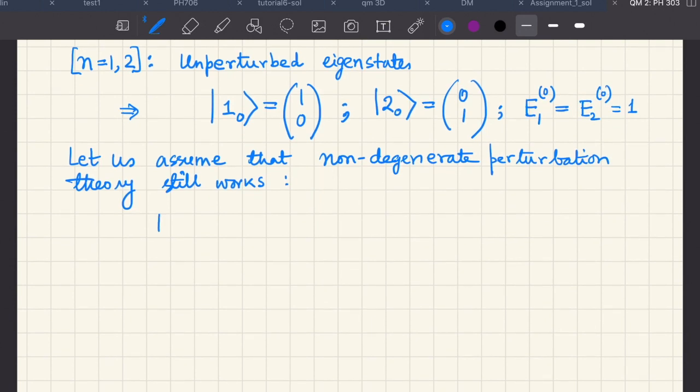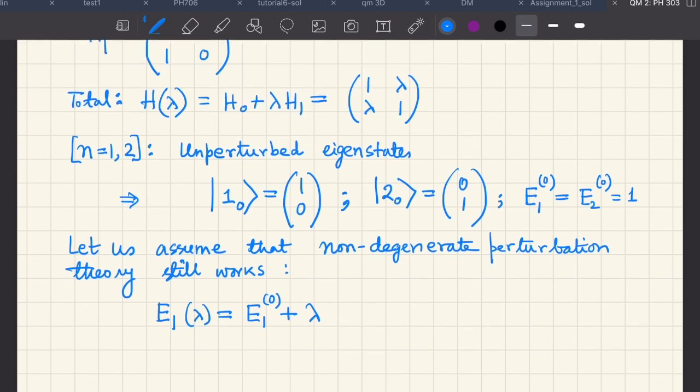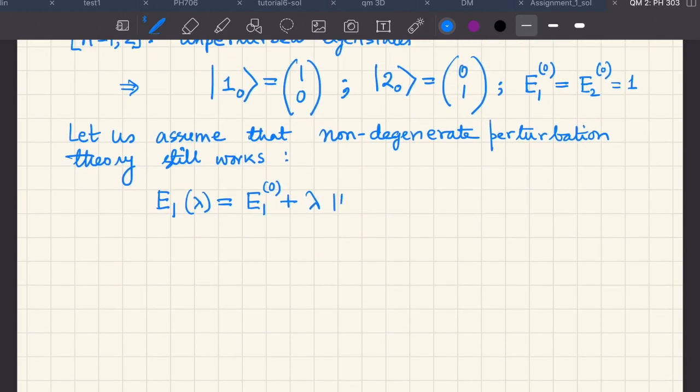You know that E1 of lambda will be E10 plus lambda times the H1 1/1 element, which is nothing but 1 plus lambda into 0, which is 1.